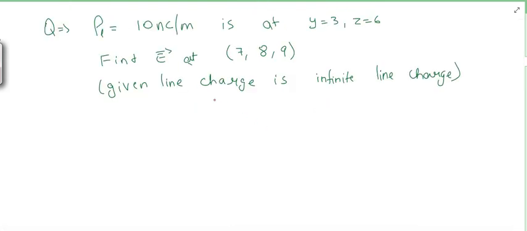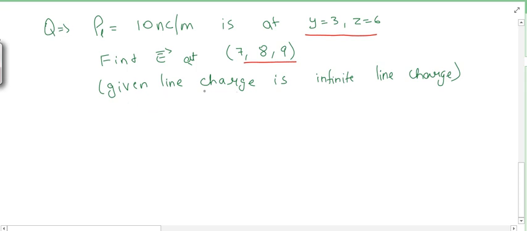Now let us quickly see this problem. Here rho L is given as 10 nanocoulomb per meter, at this location, and we have to find the electric field at this location.